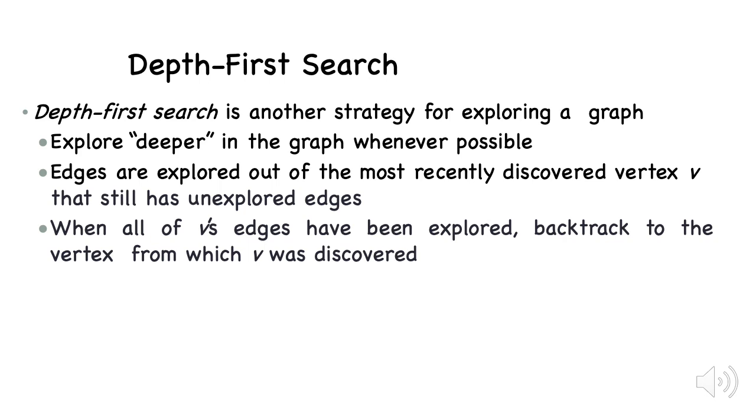This process continues until we have discovered all the vertices that are reachable from the original source vertex. If any undiscovered vertices remain, then depth first search selects one of them as a new source and repeats the search from that source. The algorithm repeats this entire process until it has discovered every vertex.